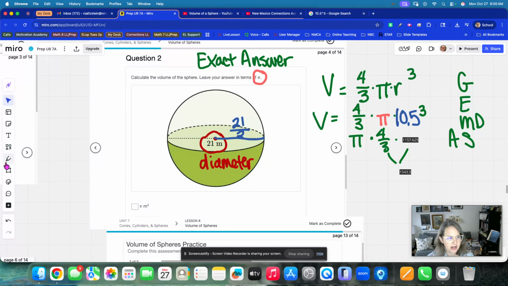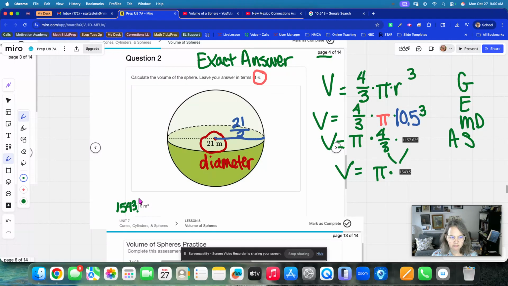It's times pi, and if you look at the answer box here, they write the pi second, and that's fine. So in this box, I'm going to have, and this is not an actual problem of yours, it's just an exercise, 1543.5 pi.